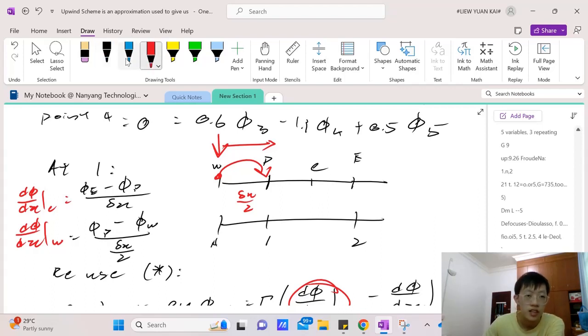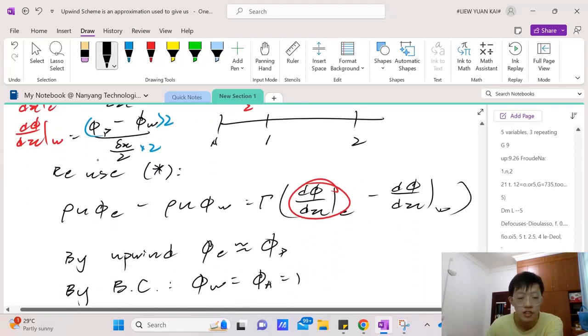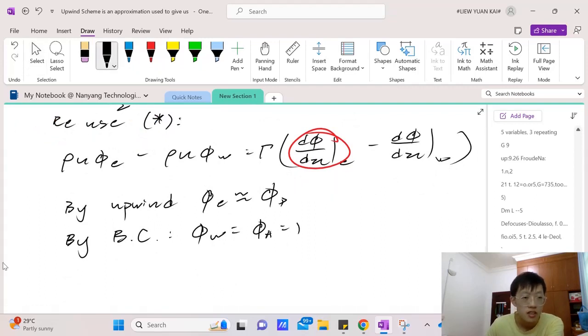Then to simplify it, we can multiply by 2 times 2. I'm just going to write it down straight away here. I'm going to sub in the values.